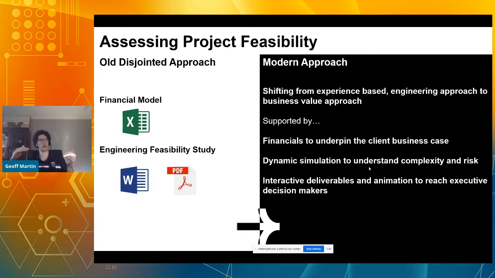And we add a financial layer on top. That really allows it to reach the executive decision makers, because no executive has ever looked at an engineering design sheet. So we can have interactive deliverables and animation, which really makes it a lot more tangible, and you can produce nice interactive charts and things.